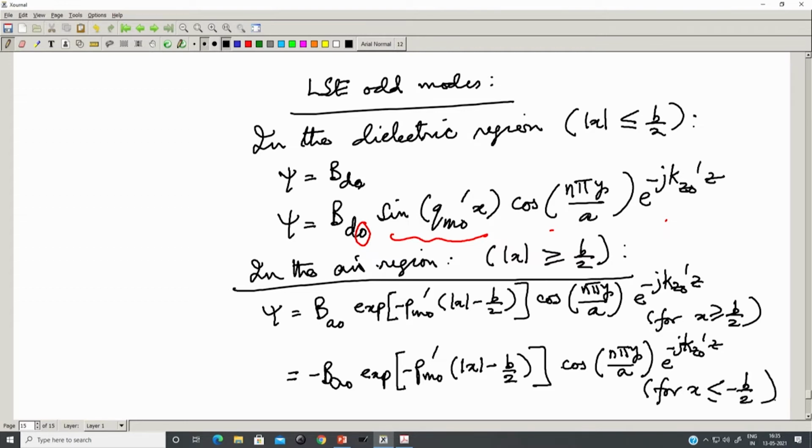And the reason why for the odd mode these are two different expressions is the same as the LSM odd mode. As to why these are two separate expressions, because it is the odd mode and we have to match the fields on both the regions.